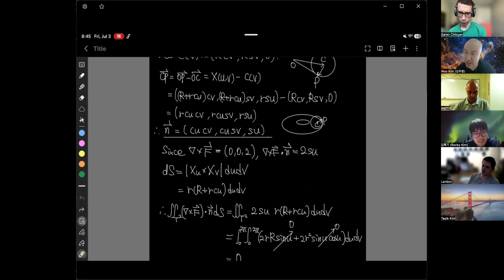And then we did this on the unit sphere, right? And this time we're applying it on the torus, on the same vector field, minus y, x, and 0.